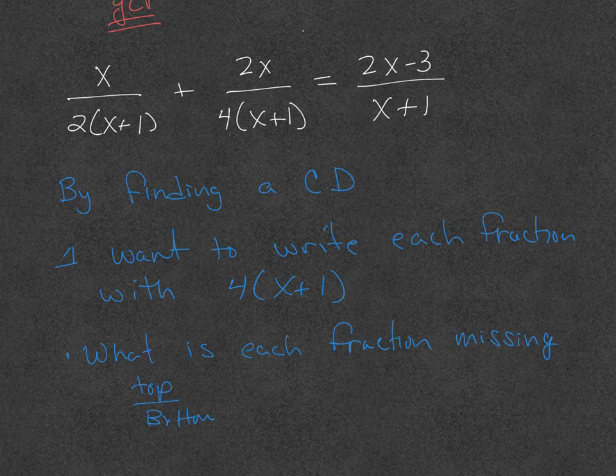It's missing a 4. So I multiplied this one by 2 over 2 because that will give me a 4 in the denominator. This fraction has everything I need, right? So I don't have to multiply this one by anything. This fraction over here is missing a 4. So I'm going to put a 4 in the top and the bottom.